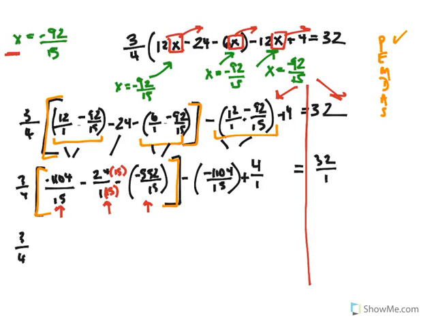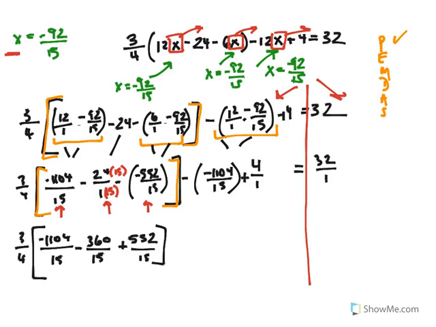I get 3 over 4 times. Inside, I get negative 1004 over 15 minus 360 over 15 plus 552 over 15 plus, I copy this one here. Oh, look, I have minus, minus, this turns into a plus. So I just put that plus here. And I get 1004 over 15 plus 4 over 1 equals 32 over 1.